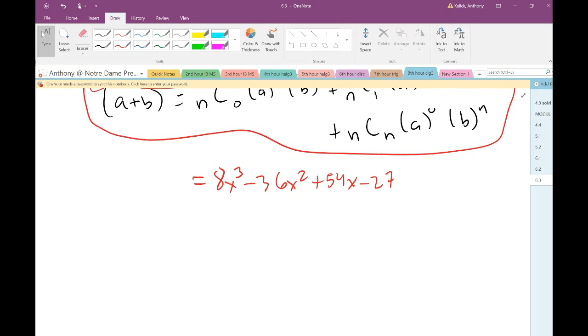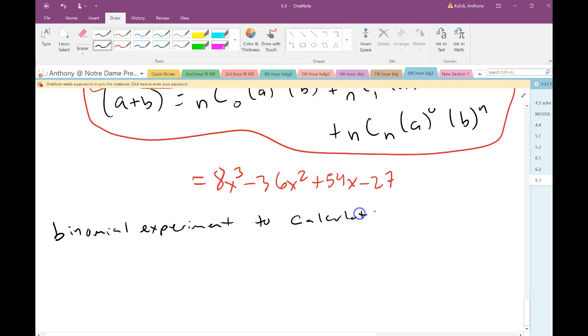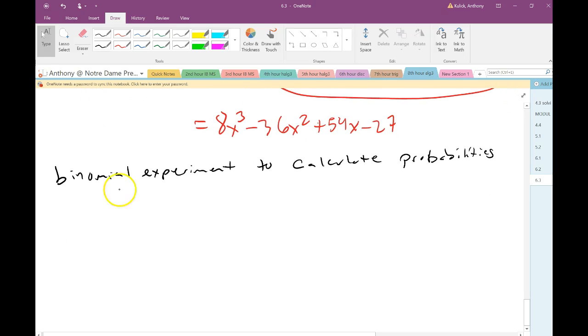Today, what we're going to talk about is using a binomial experiment to calculate probabilities. So a binomial experiment is something where it has 2 possible outcomes.